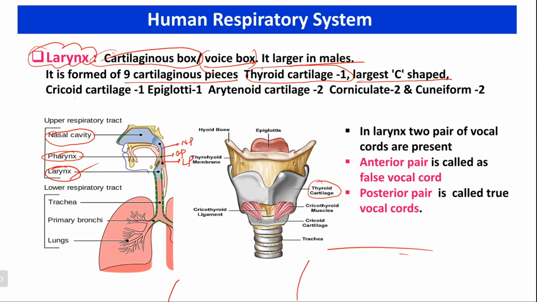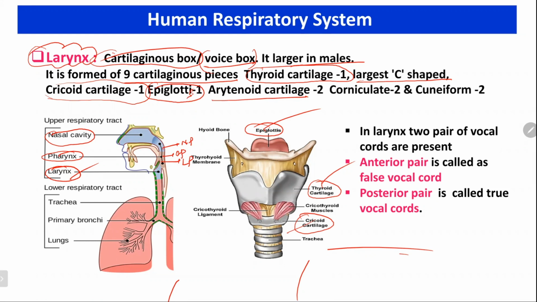Second one, you see cricoid cartilage. One thyroid cartilage, one cricoid cartilage, one epiglottis. You can see here epiglottis. So thyroid cartilage I explained. Then you see cricoid cartilage, you can clearly see. And then epiglottis. So these are single cartilages. You need to remember epiglottis.